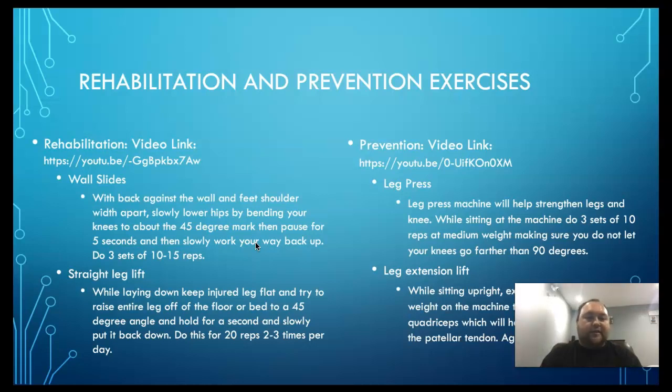You want to extend your legs straight out, and using the weight on the machine, this will strengthen your quadriceps, and it'll help prevent injury to your patellar tendon. And again, you want to do 3 sets of 10 reps. And when you do these, the leg press as well as the leg extension lift, do them on the days you're working out your legs.